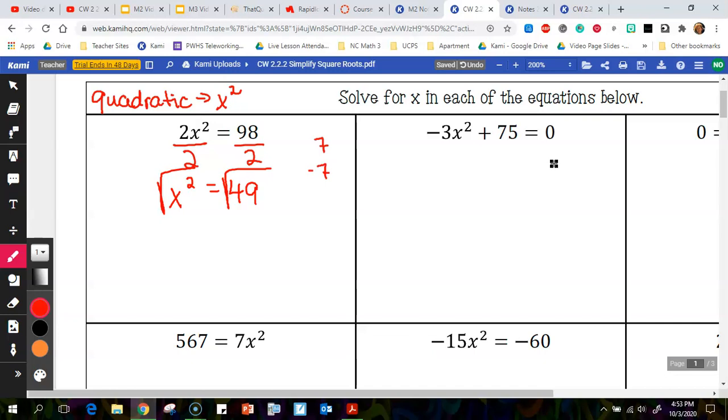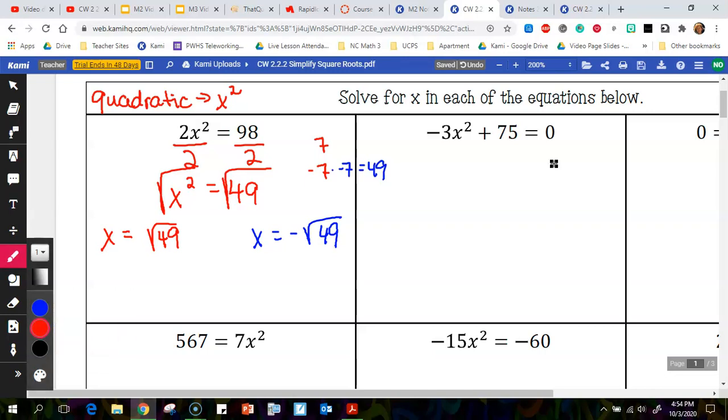So we take this x squared out from under the radical, because the square root of x squared is x. We set up our first equation to be the positive square root of 49, and the other side is the negative square root of 49, because we know that negative 7 times itself also equals positive 49. So we need to be sure we include this negative part as well.